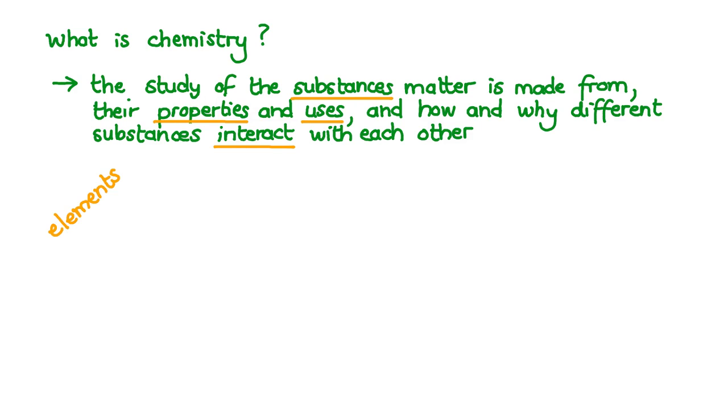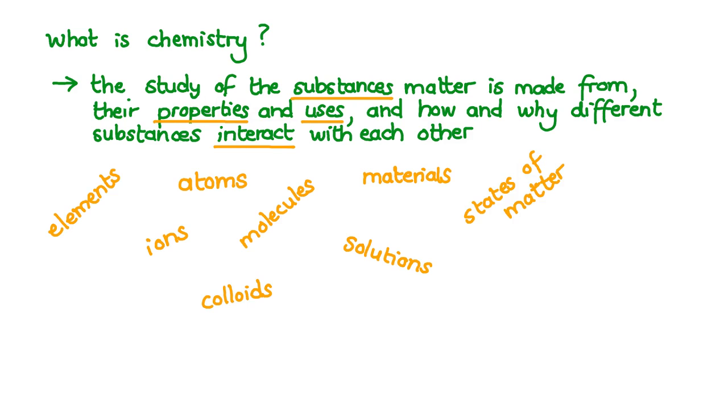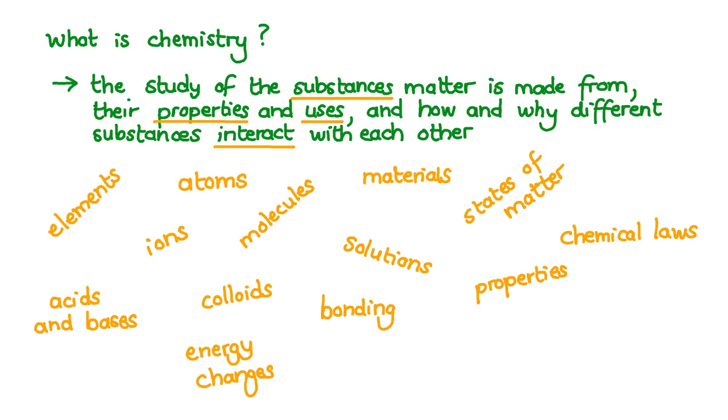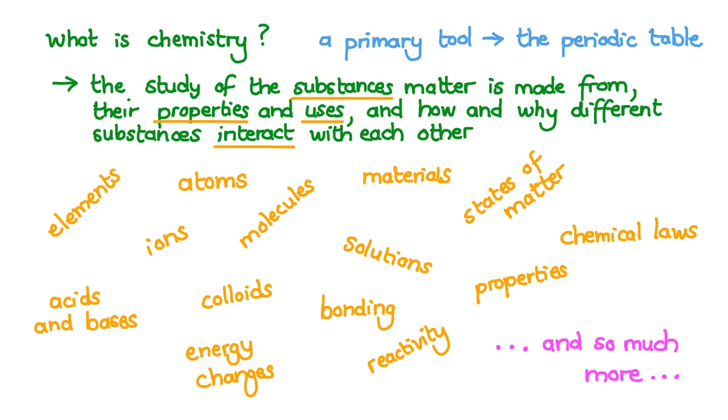In other words, it is the study of different elements, atoms, ions, molecules, materials, solutions, states of matter, colloids, acids and bases, chemical laws, properties and characteristics, bonding, energy changes, reactivity, and so much more. The periodic table is a primary tool for understanding a lot of the basics of chemistry.